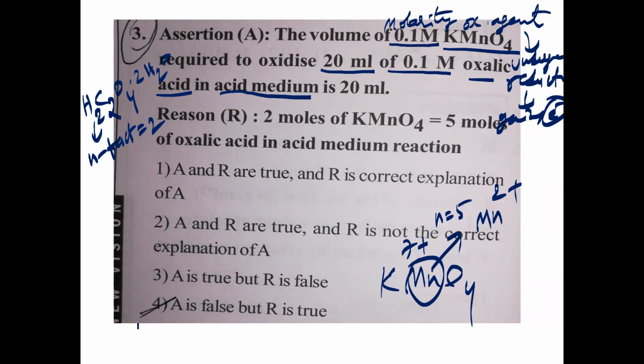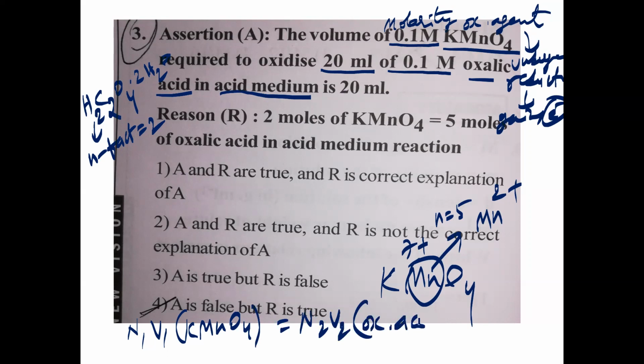And now here we have to take N1V1 of KMnO4 equal to N2V2 of oxalic acid. Now tell me, normality of KMnO4 is equal to what? Normality formula was molarity into n factor. For KMnO4 molarity given is 0.1, into n factor 5 in acidic medium.